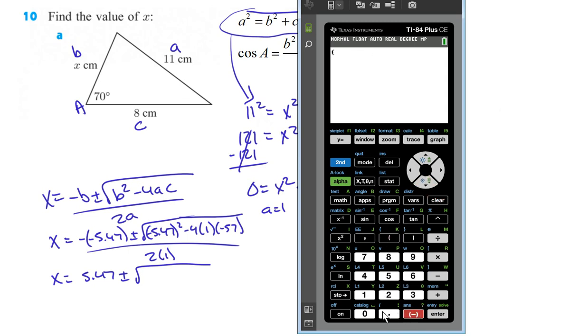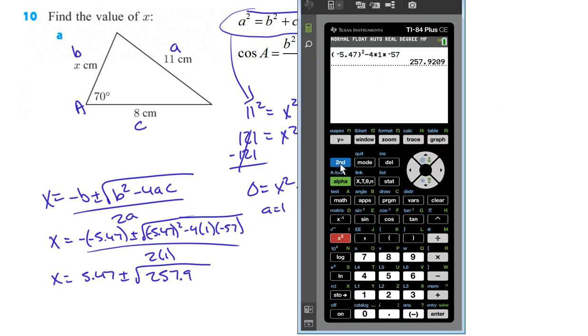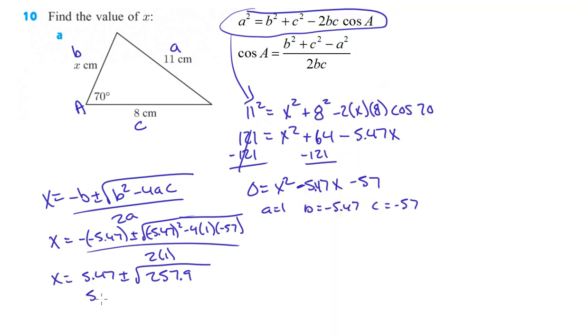So negative 5.47 squared, that's better, minus 4 times 1 times negative 57 gives us 257.9, and then we have to square root that, which gives us 16.06. So it's 5.47 plus or minus 16.06, and this is still all over 2.